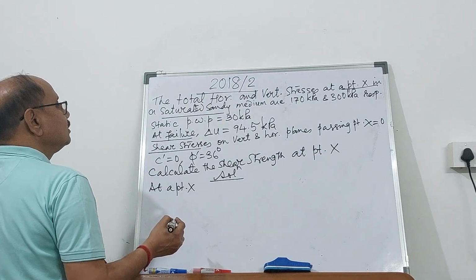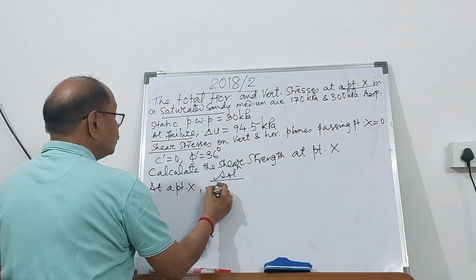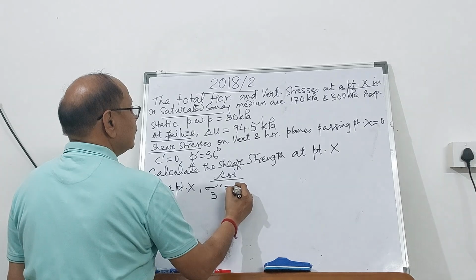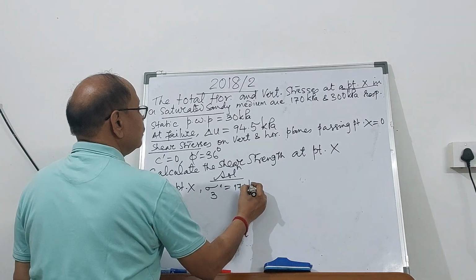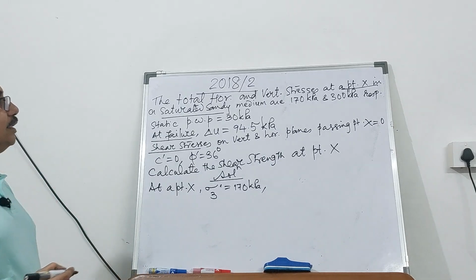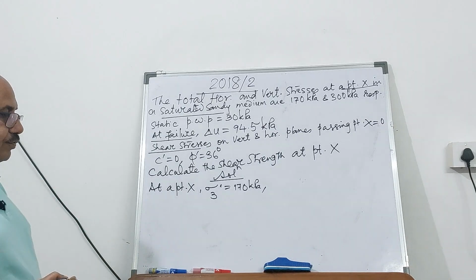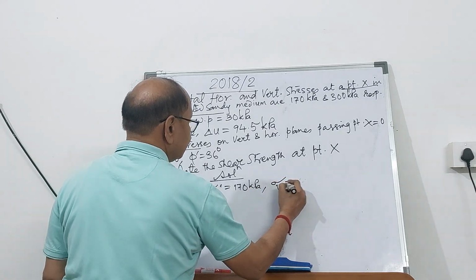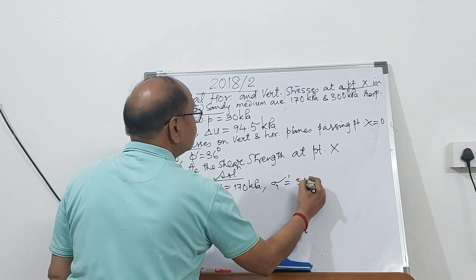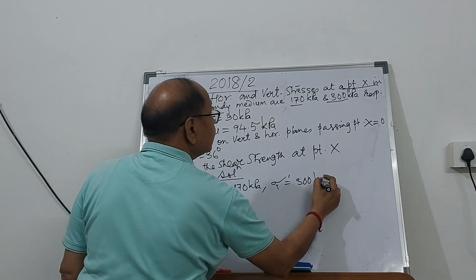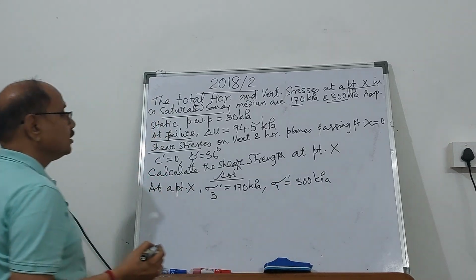It is 170, so sigma 3 is 170. And the value of sigma 1 is also given. Vertical stress is 300 kilopascal respectively.